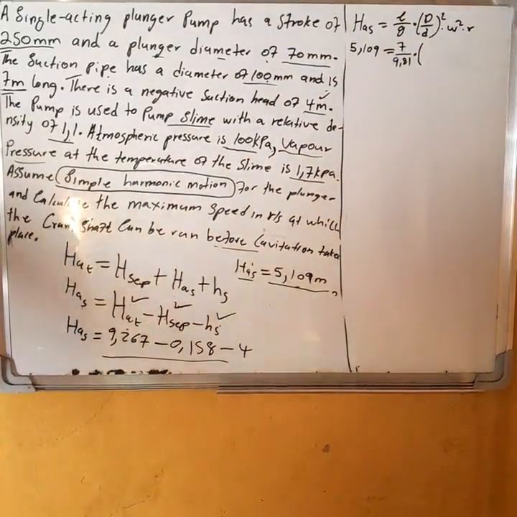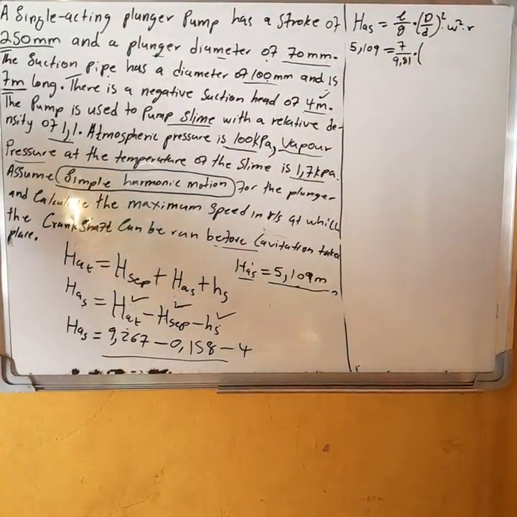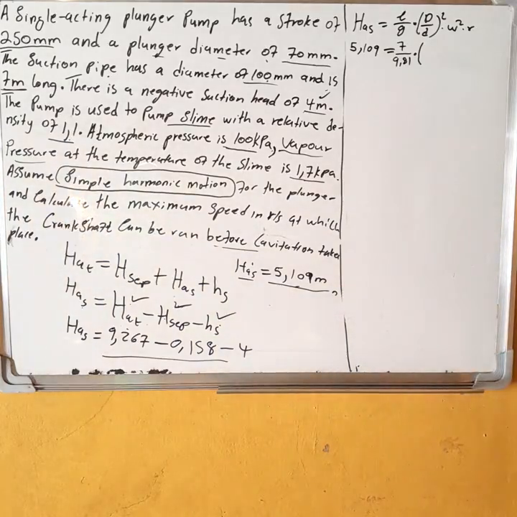We divide that by 1000, and it will give you 0.07.